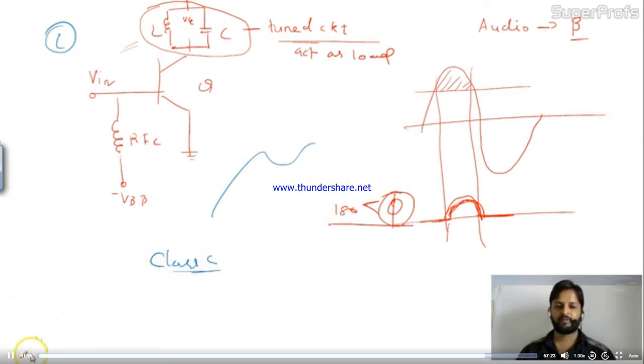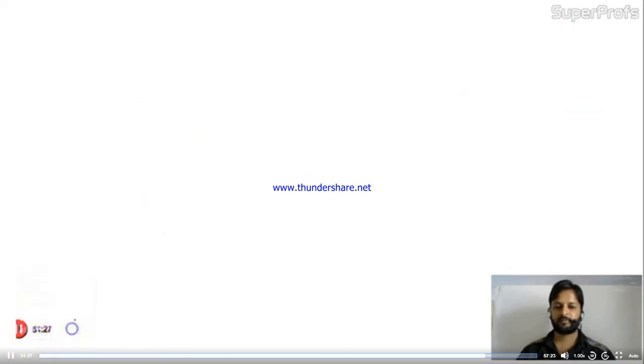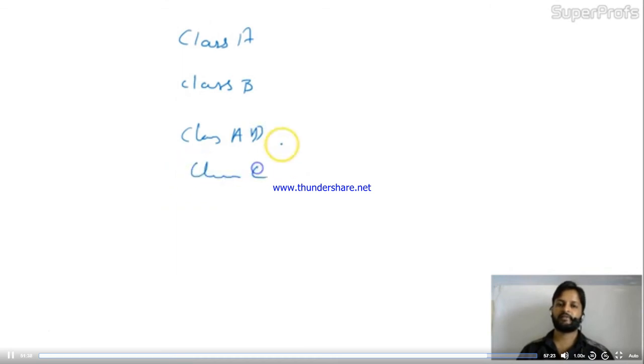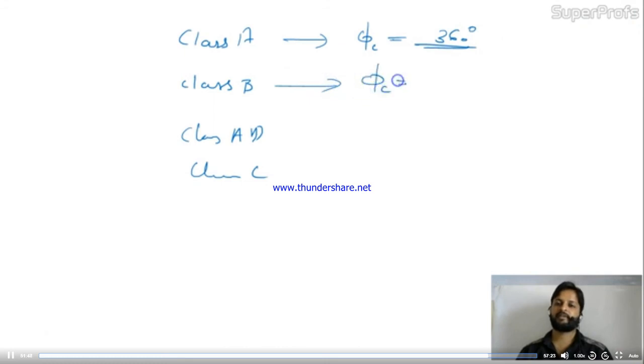Okay, friends. So now briefly we'll discuss each and every class: class A amplifier, class B, class AB, and class C. For the class A amplifier, what is the conduction angle? 360 degree. It means the entire cycle will come at the output. For class B, the conduction angle is 180 degree.